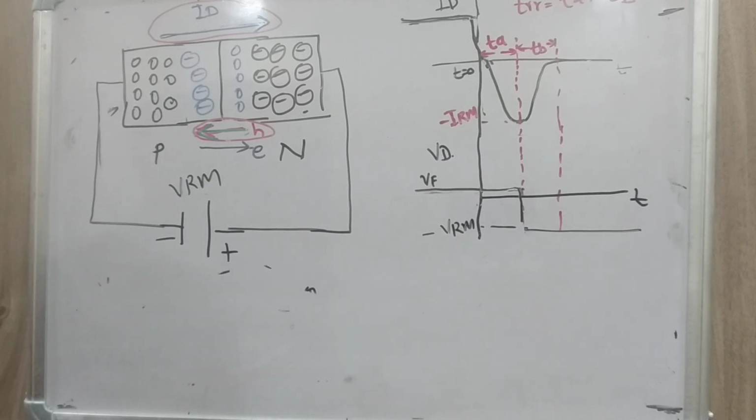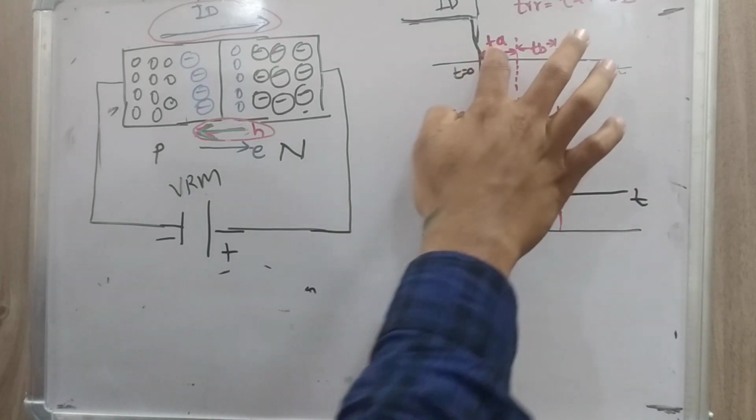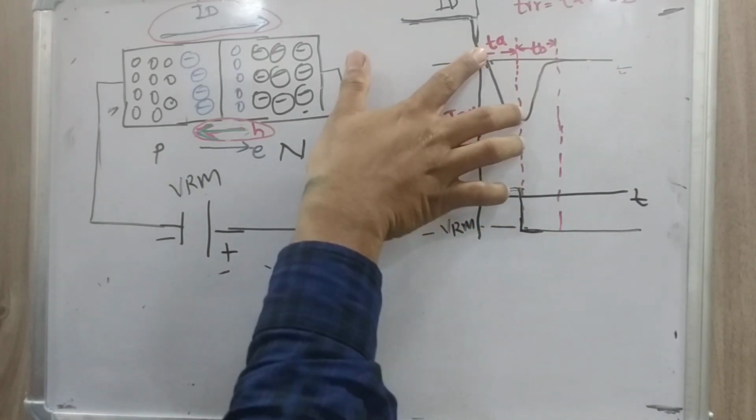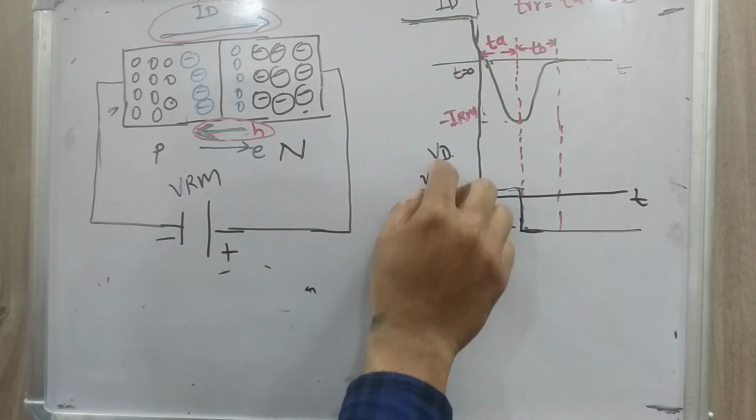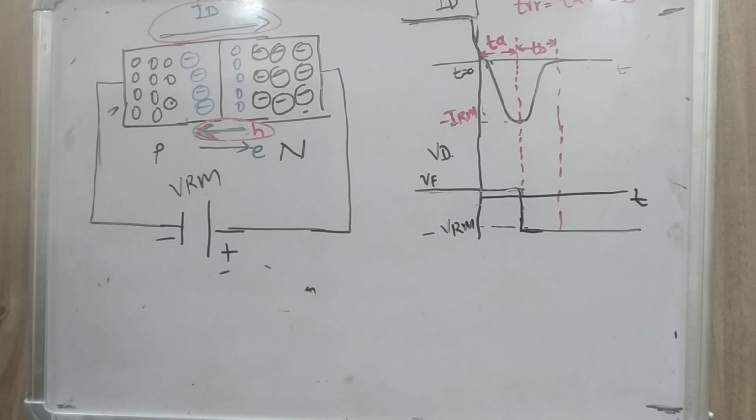So this is the graphical picture of the diode reverse recovery loss. Now if you see the overlap, that is basically the diode power loss happening because of reverse recovery. For TA, the current goes from 0 to minus IRM, and the voltage across the diode is VF, around 0.7.